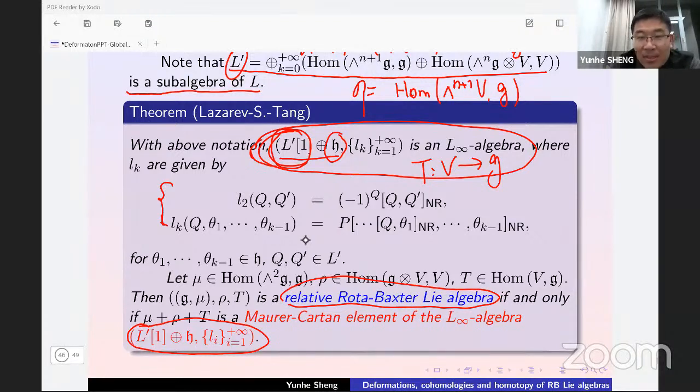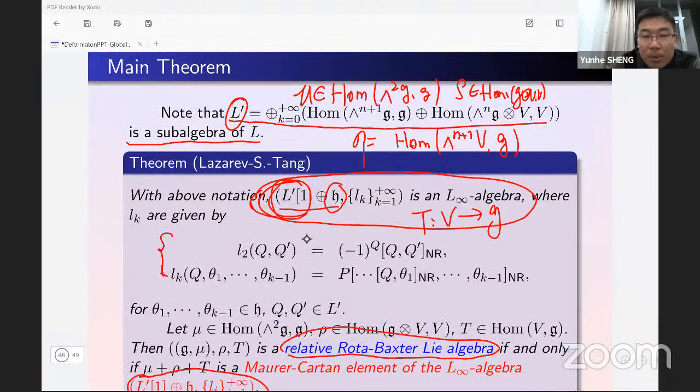But as you said, in some other cases, I would say the controlling algebra of deformations. Here you ask what kind of deformation we control. We control simultaneous deformation. We deform both mu and rho and T.